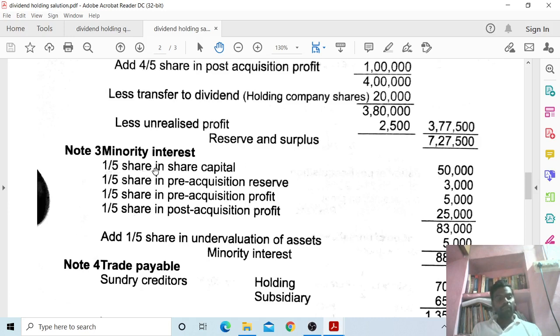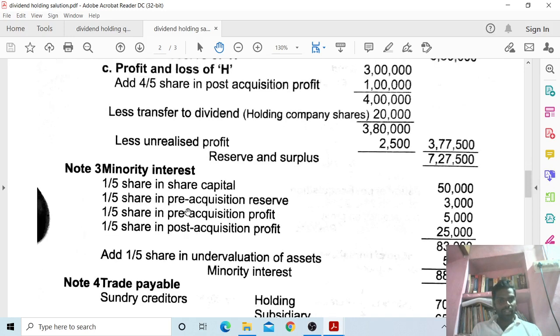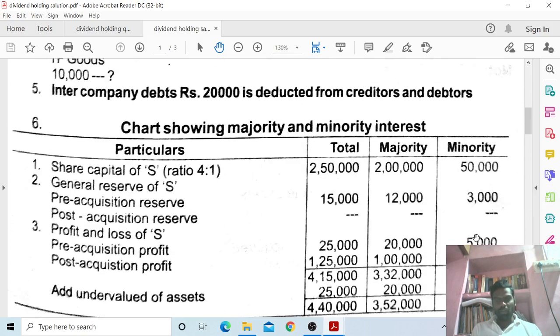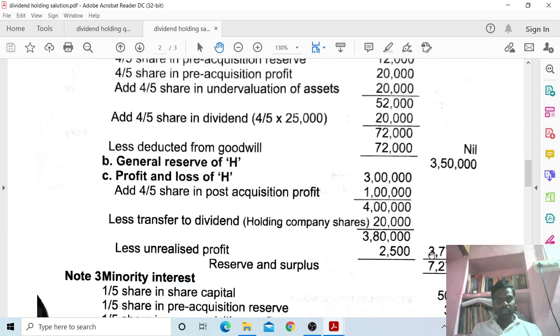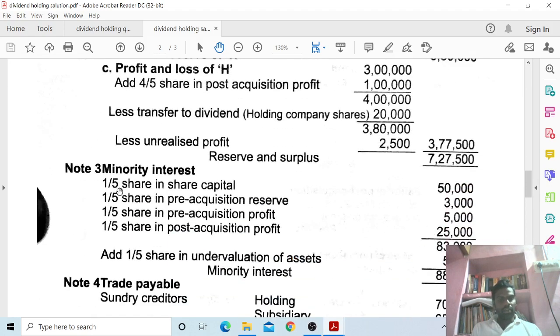Next, note 3, minority interest. I have to take 1/5 share in share capital, 50,000. 1/5 share in pre-acquisition reserve 3,000, 1/5 share in pre-acquisition profit 5,000, and share in post-acquisition profit 25,000, equal to 83,000.